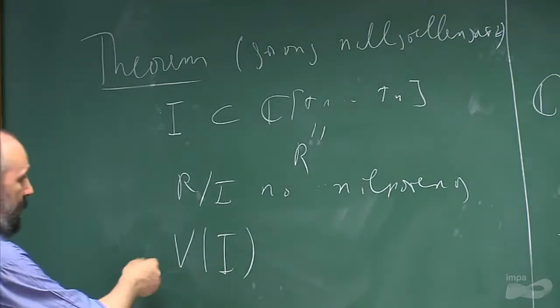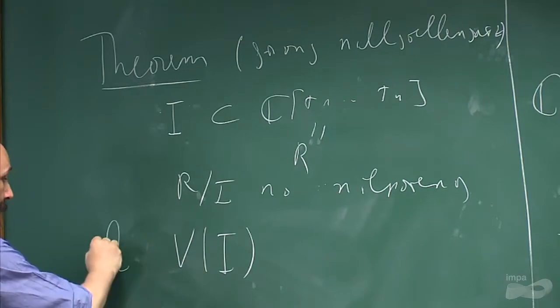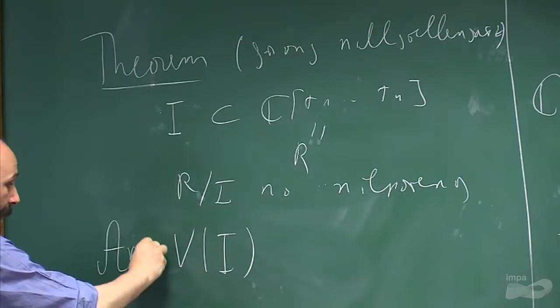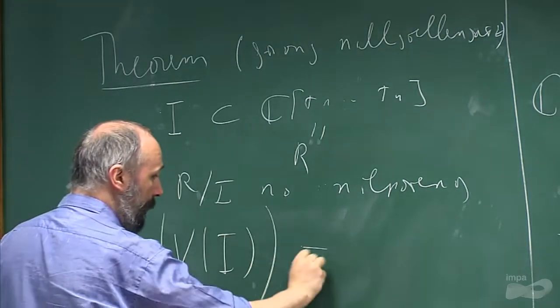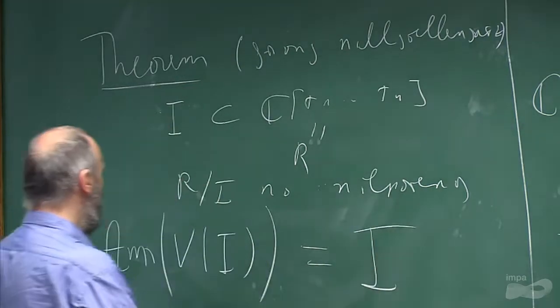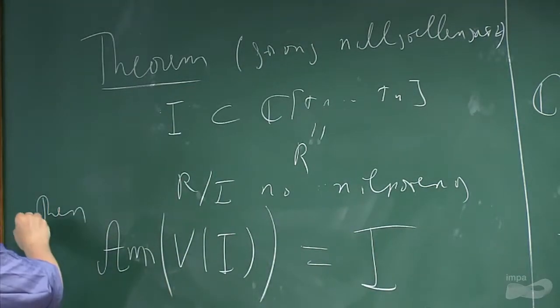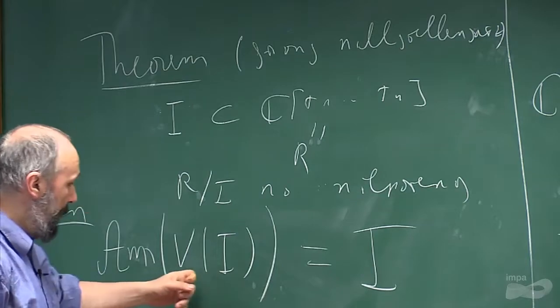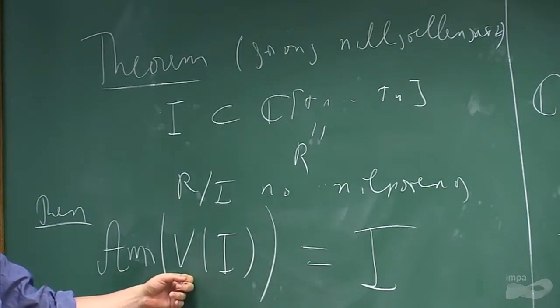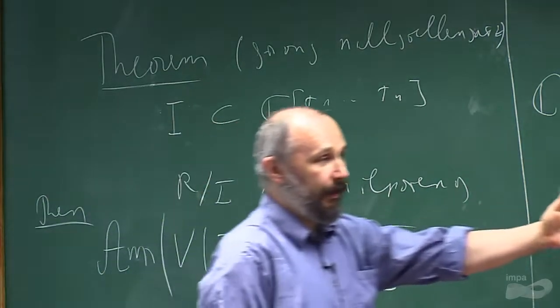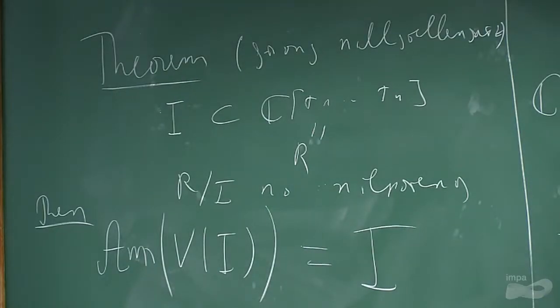But then it turns out that you can just recover the ideal back. You can recover the ideal back from its 0 set. There is a one-to-one correspondence, just like it is predicted by this equivalence.